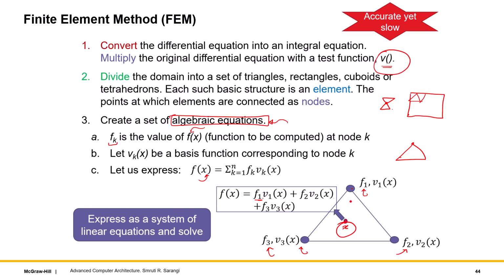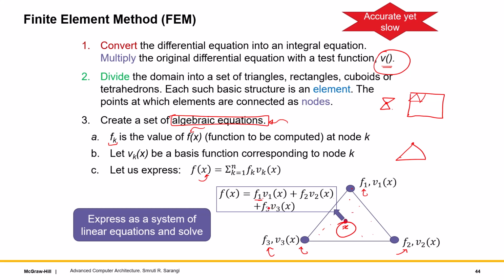So if you think about it, for every point within this region, I am representing it as a weighted sum of the basis functions, where the basis functions are different for different nodes, but they are evaluated at point x and weighted by the values of f1, f2, f3, etc. at these points.